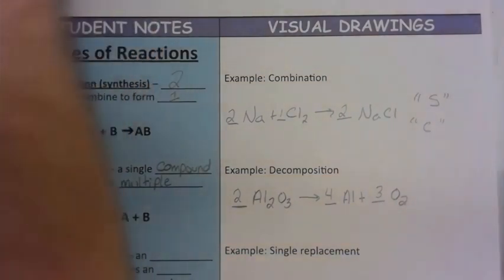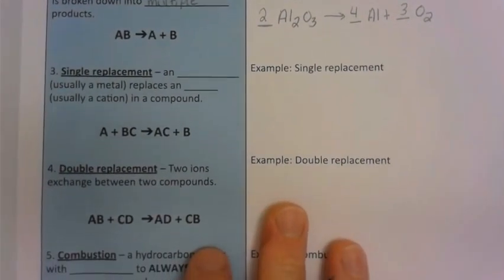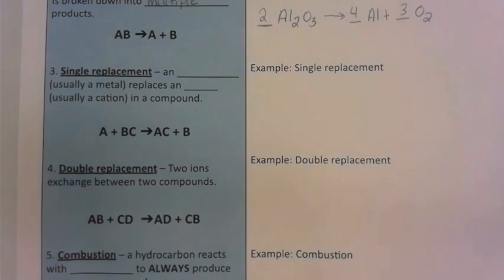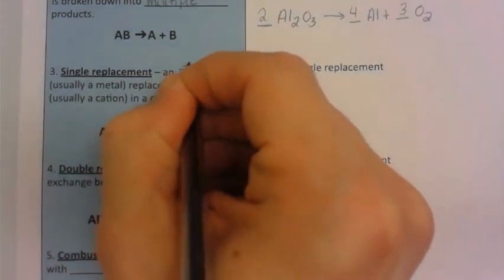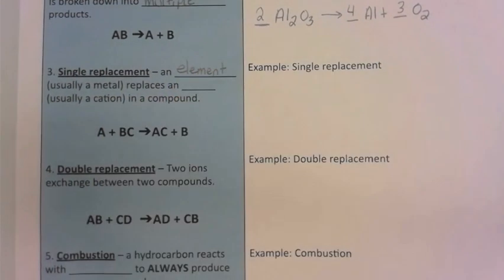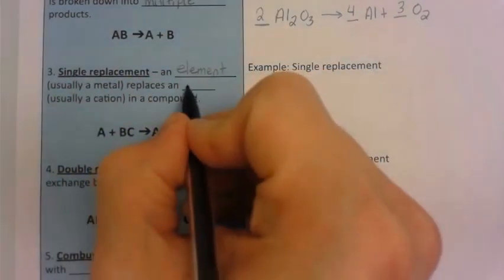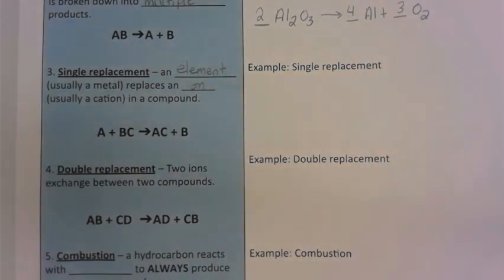Okay, the next 2 reaction categories, single replacement and double replacement, have very similar patterns, except there's one subtle difference between the two. So for single replacement, an element, usually a metal, so again, note, usually doesn't mean it's always a metal, replaces an ion, usually a cation, in a compound.